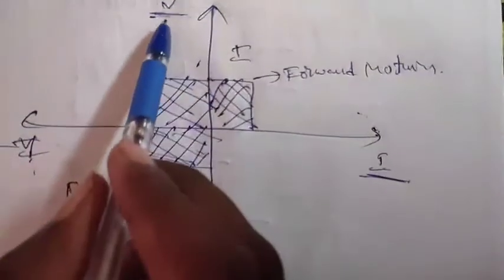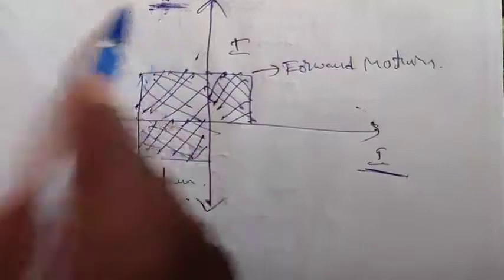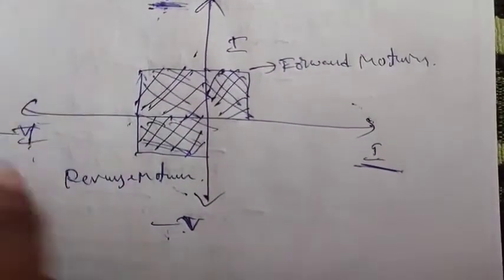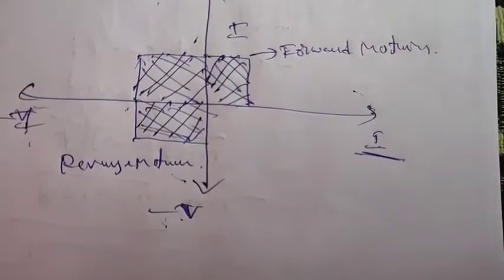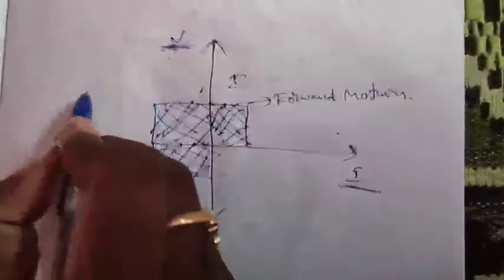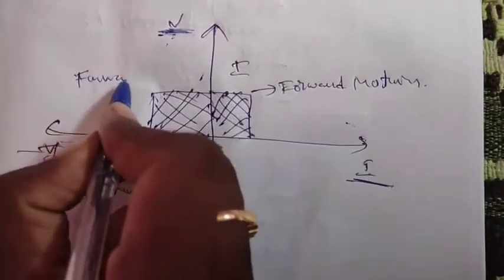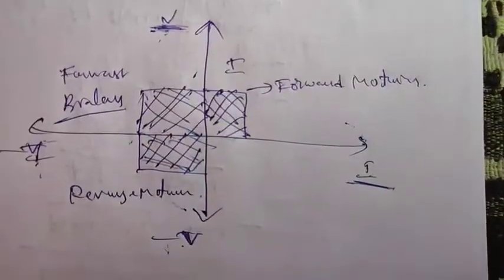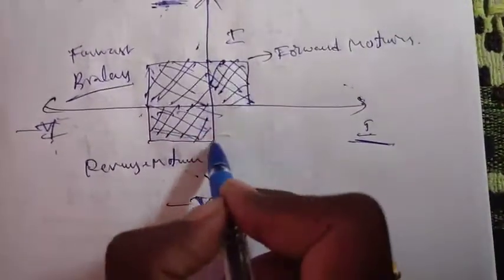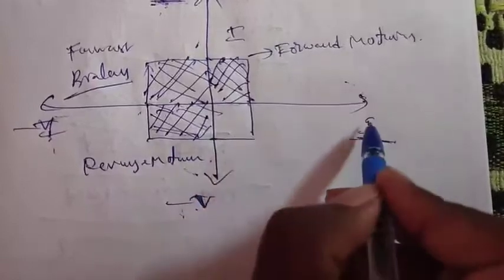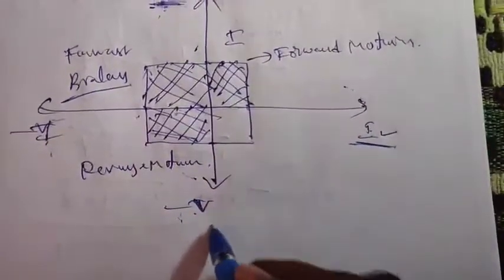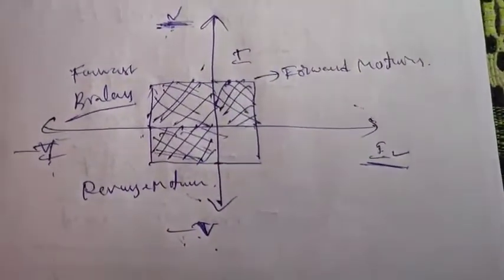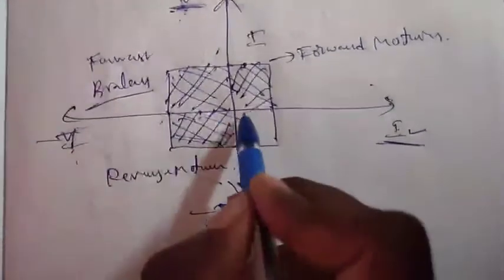In that, we have already applied the voltage, and we get a negative current to stop the motor. This is forward braking, to stop the motor. In this operation we get a positive current and negative voltage.